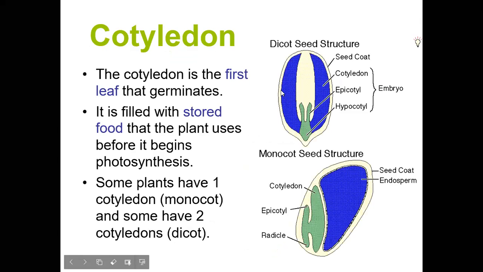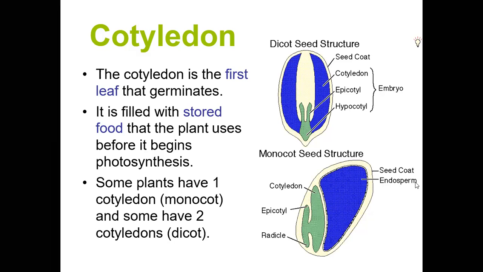Cotyledons. In monocotyledons there is only one cotyledon, and in dicotyledonous plants, seeds have two cotyledons. Cotyledons have food content, which is called endosperm.